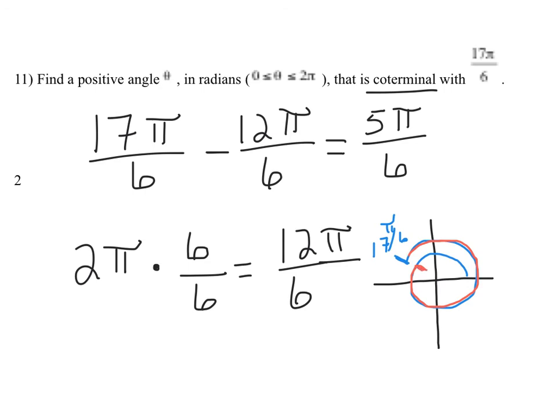Okay, so we stopped at 5 pi over 6. So this 1 revolution all the way around, that's 2 pi. But I had to convert this 2 pi to 12 pi over 6 so that I was able to subtract it from this 17 pi over 6. And that's how we got our coterminal angle of 5 pi over 6.